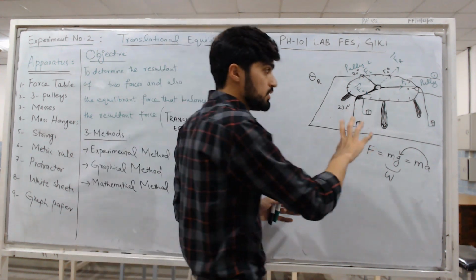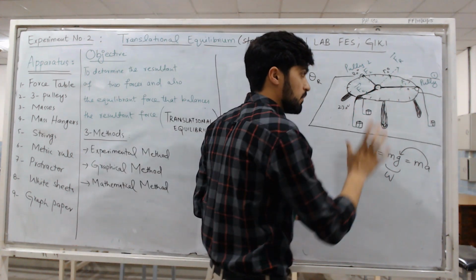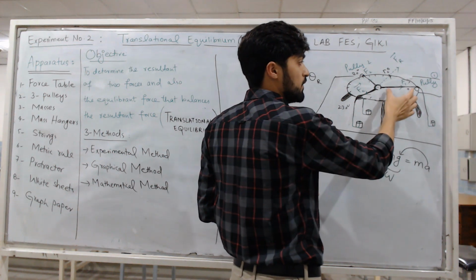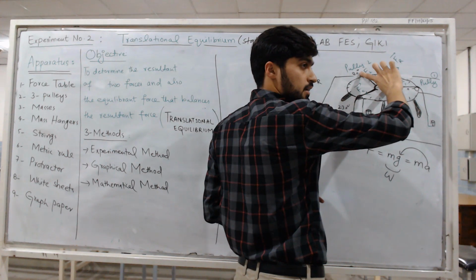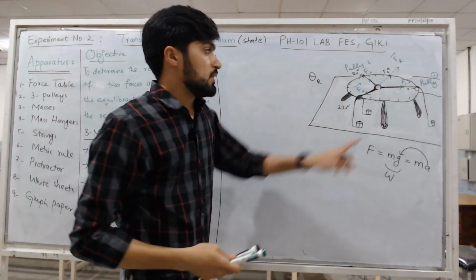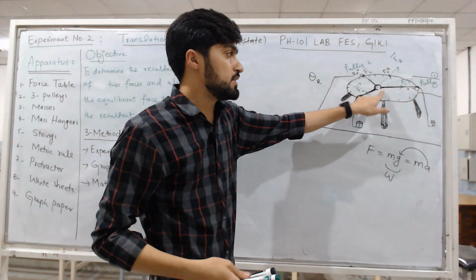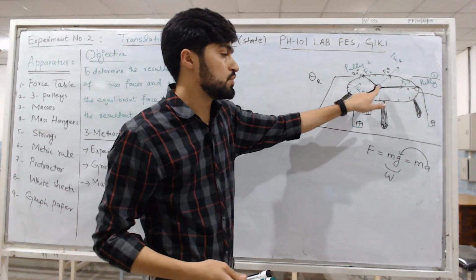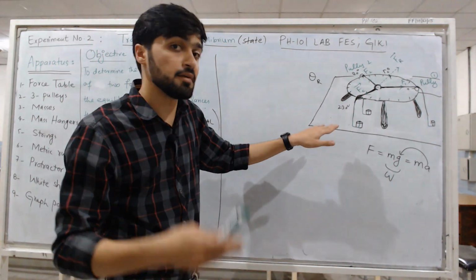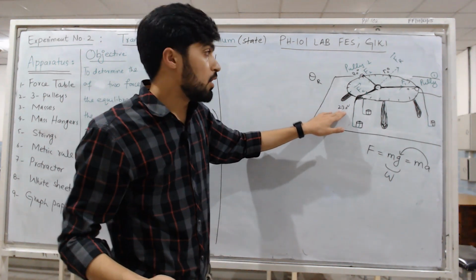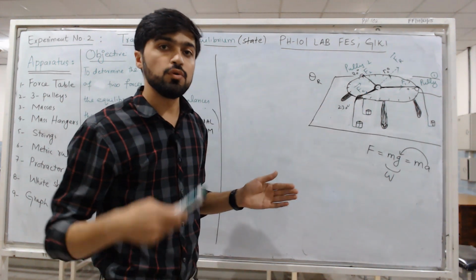If I use this table, for simplicity I will use F1 at 0 degree and F2 at 120 degree, and then, when I fix these two pulleys, I will accordingly use the equilibrium force pulley. It might be at 230 degree, or it might be at 210 degree.